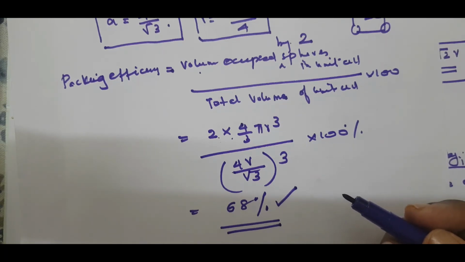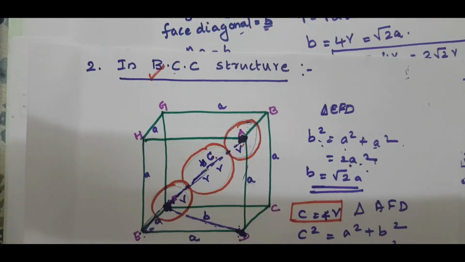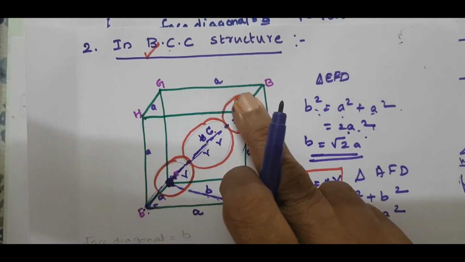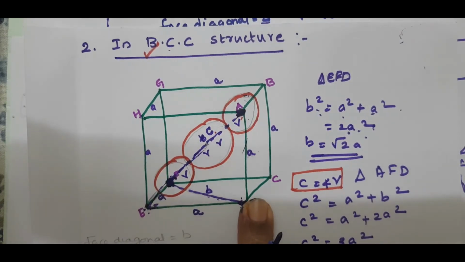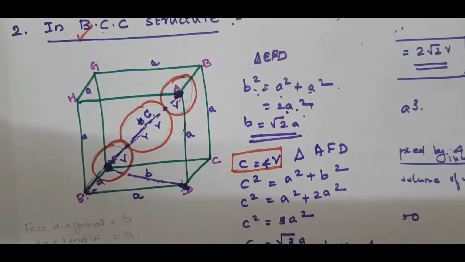So is it okay? Okay, so this is the second thing, the BCC structure. You have to take the body diagonal as well as the face diagonal, using two triangles. Actually, this can be done very easily by the Pythagoras theorem, but in the textbook it is given like this.